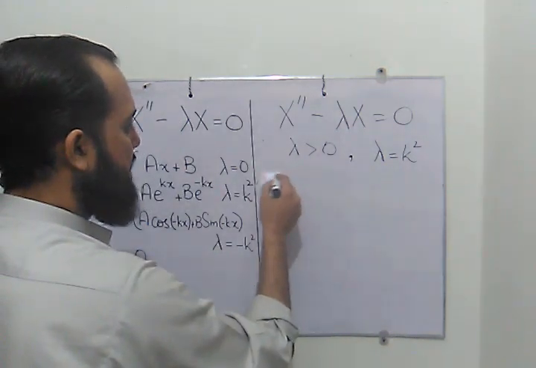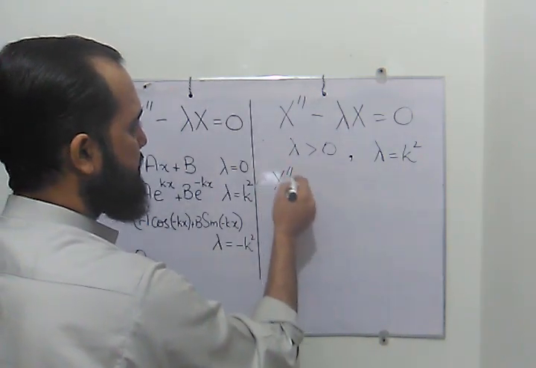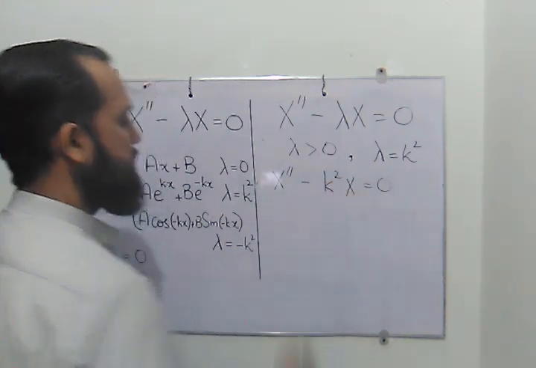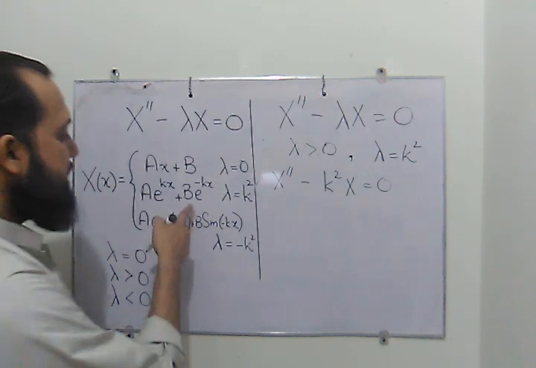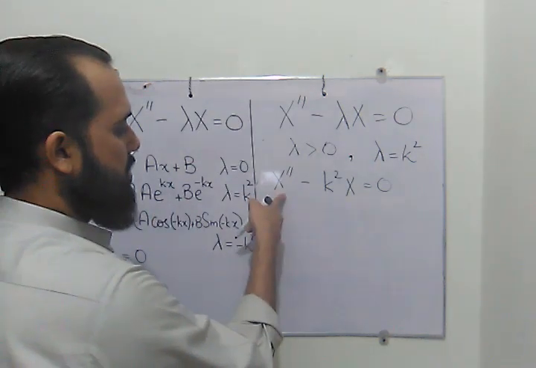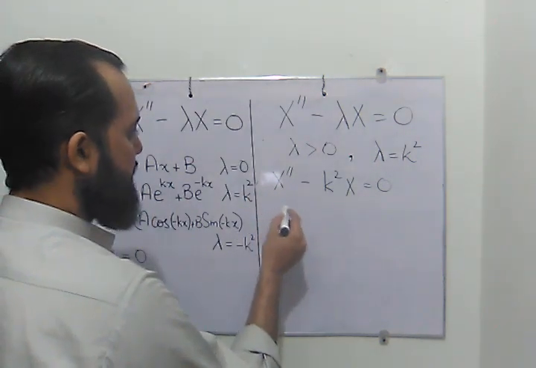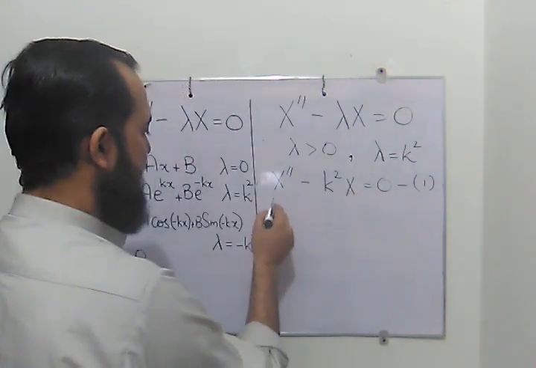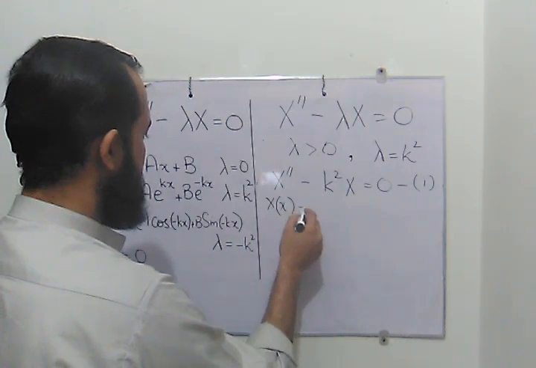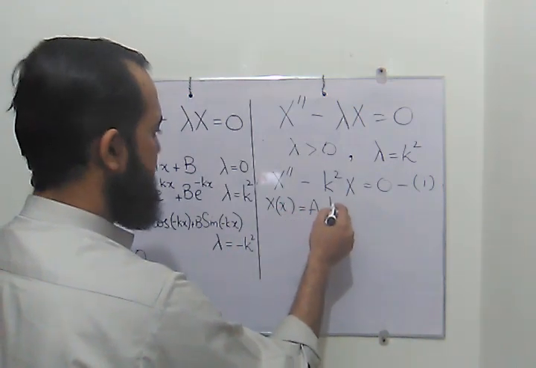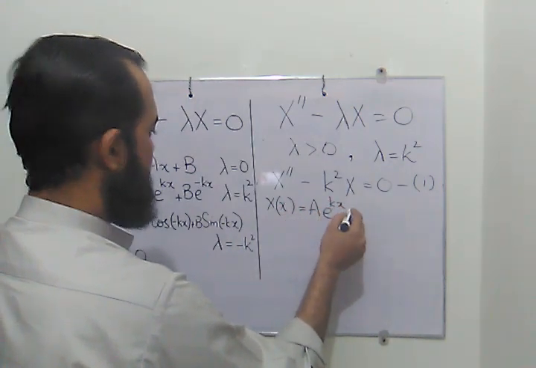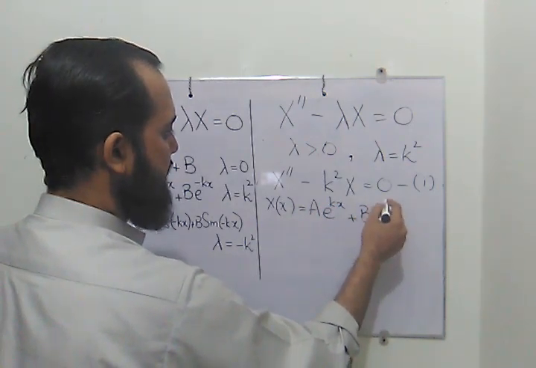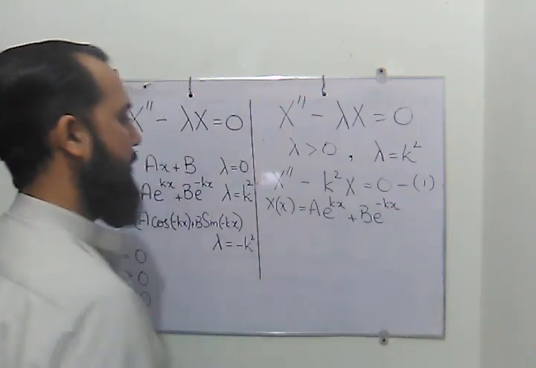When lambda is equal to k square, the equation will take the form... Now if we claim that this is the solution of this equation, then we write the general solution, we call it equation 1. We write the general solution as a e to the power kx plus b exponential minus kx.